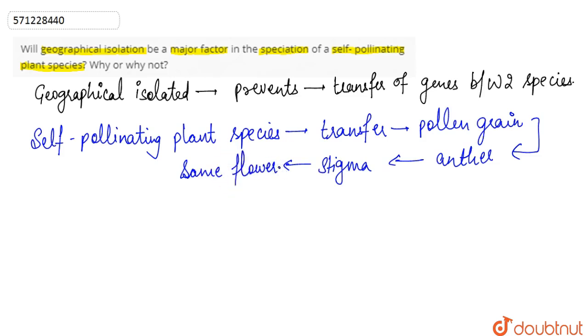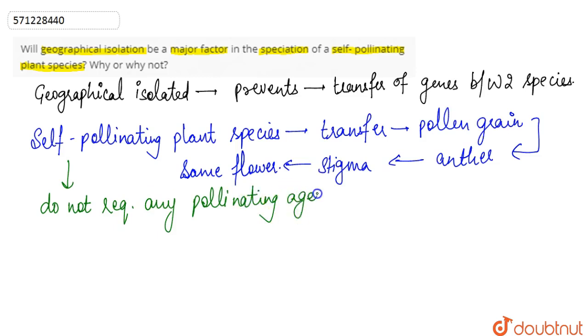In the case of self-pollinating species, they do not require any pollinating agent. When they do not need any pollinating agent, they are not dependent on another plant for pollination.